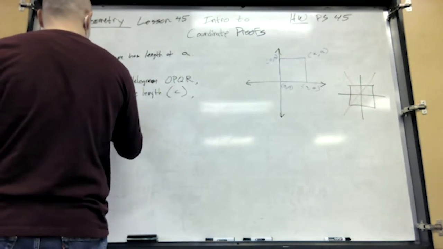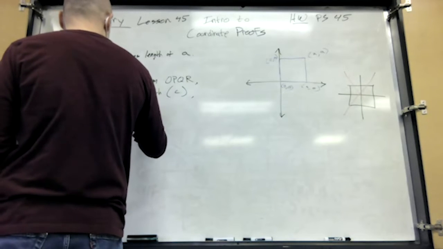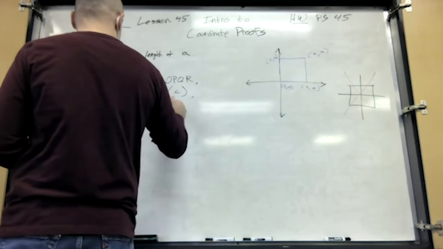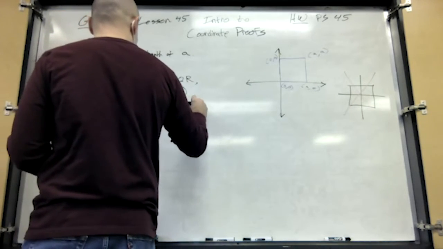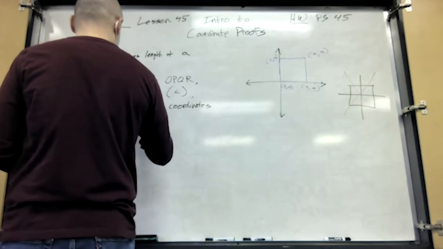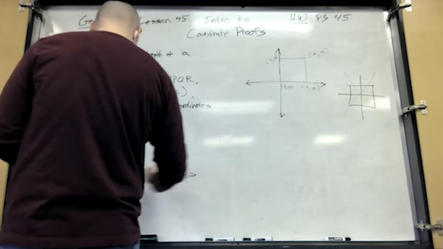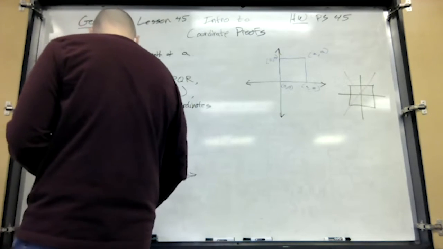So this isn't a proof. We're just trying to put it on a coordinate plane. Assign possible coordinates of vertices. Except it's a parallelogram, so we don't know.